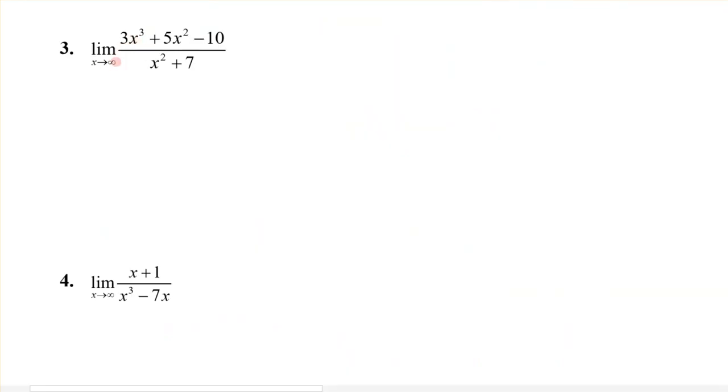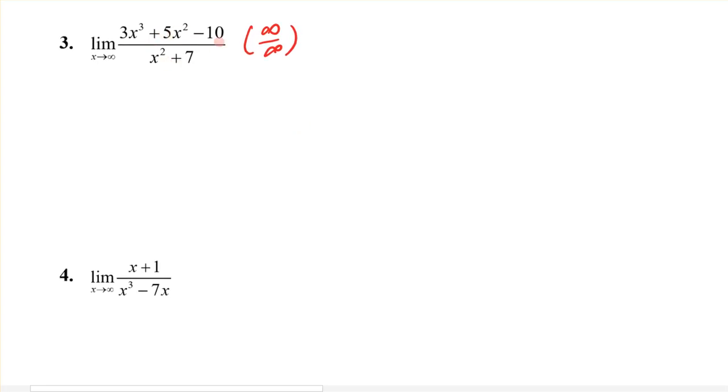If we plug in infinity on the top and bottom, we get infinity over infinity form, which is our indeterminate form. We have a polynomial fraction, a rational function here, so we're going to divide by the highest power of the denominator. The highest power of the denominator in this case is x squared.